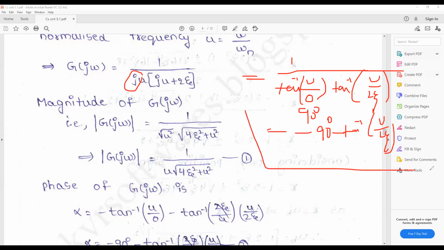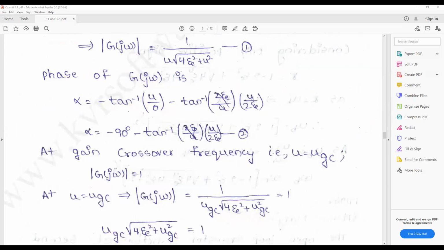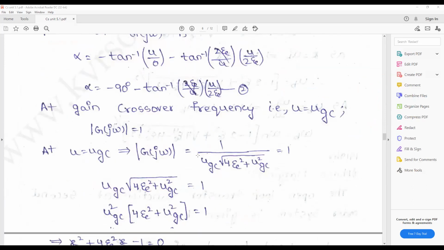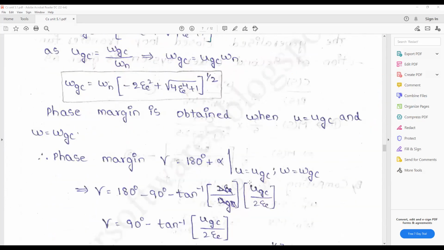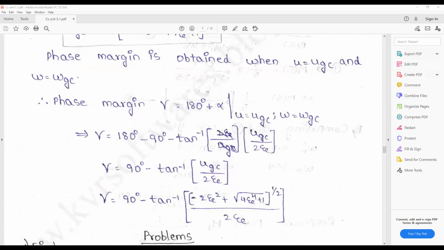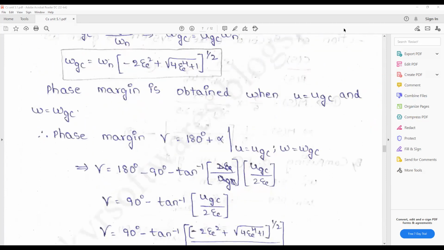This is the phase angle. So the phase angle is minus 90 degrees minus tan inverse u by 2 neta. Okay, so find the roots by the same process, and calculate the neta value and the phase angle also. Okay, so this is how to define the time and frequency domain specifications.